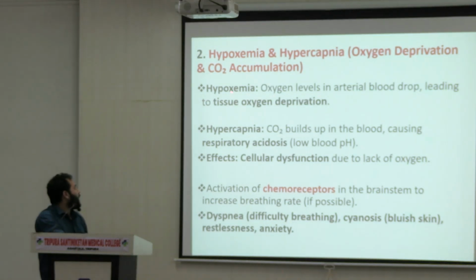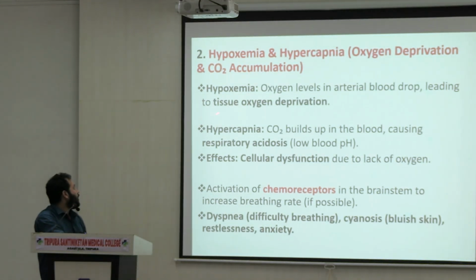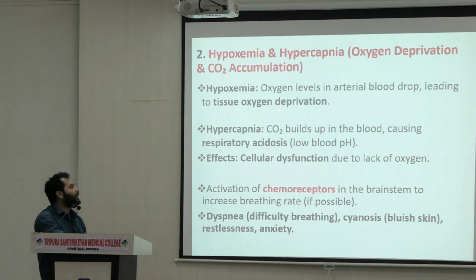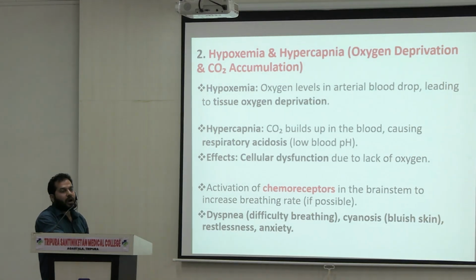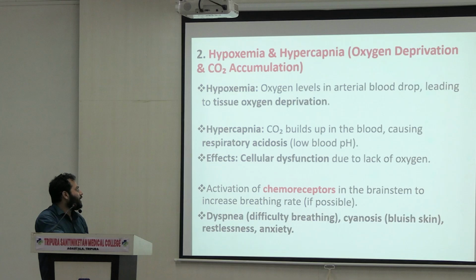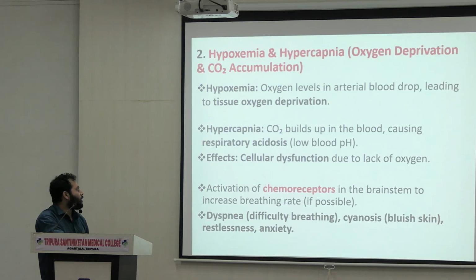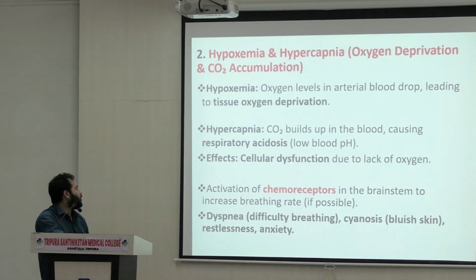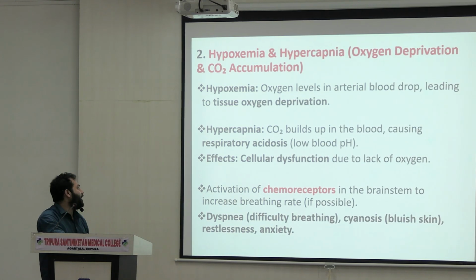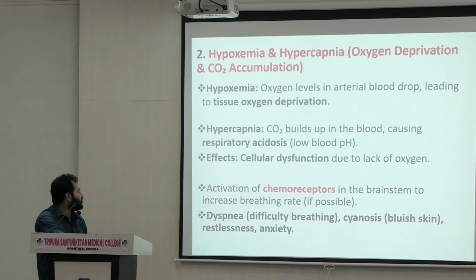Hypoxemia means at tissue level there is a deprivation of oxygen, and hypercapnia means there is a buildup of carbon dioxide. So both the deprivation and the accumulation affect the normal physiology of cells, called cellular dysfunction. So cellular dysfunction is mainly due to the lack of the supply of this particular gas called oxygen.